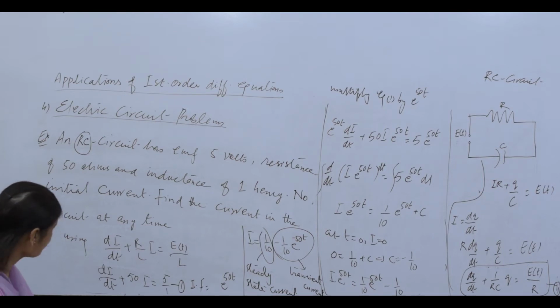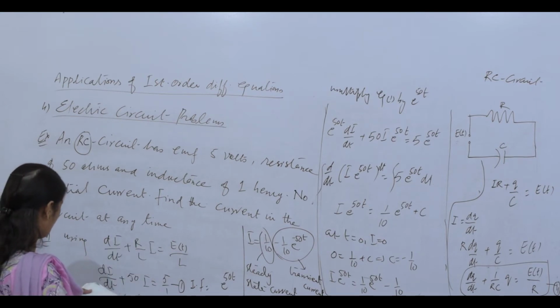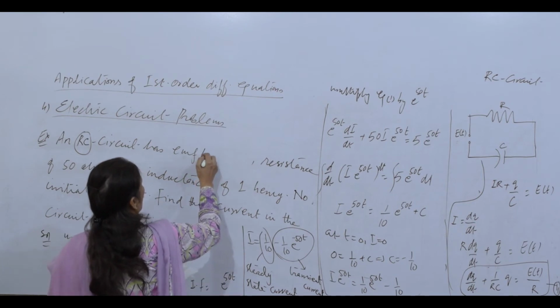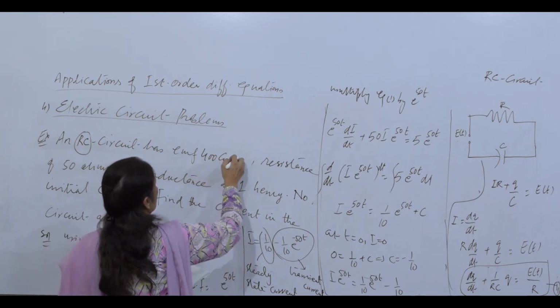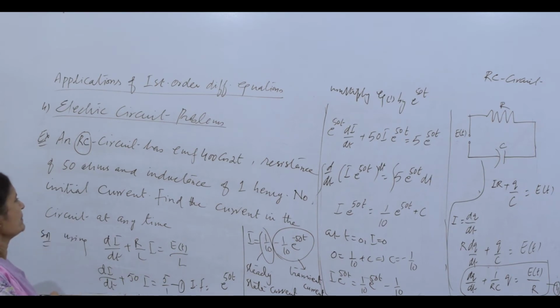Let me have an RC circuit that has an EMF of 400 cos 2t. This is the electromotive force, or the voltage provided by the battery.